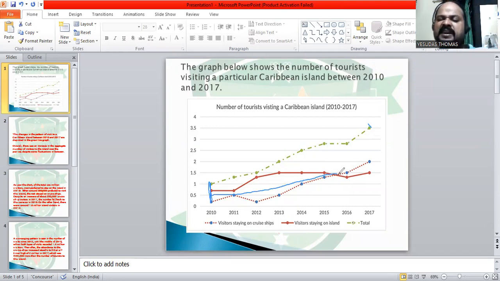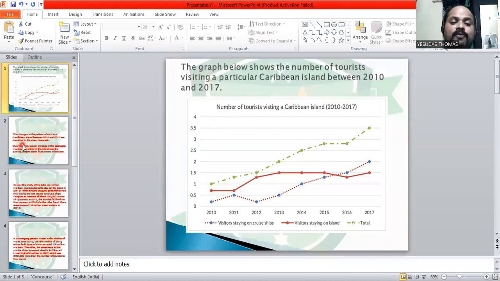And from the mid 2015, you can see in this graph, the number who stayed on the ships were more than the number who stayed in the island. And this is what the picture is, the explanation is. So we have to see the introduction, that's a rephrasement of this, and the overview. You can see that there is an increase despite fluctuations, and that's what our overview is.